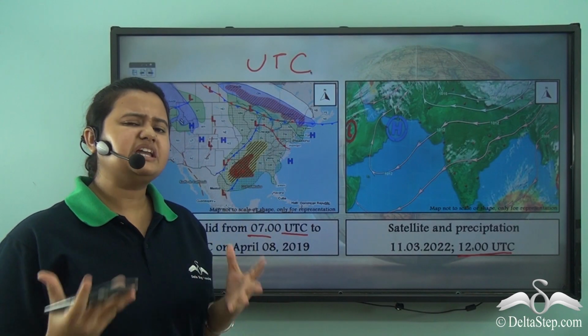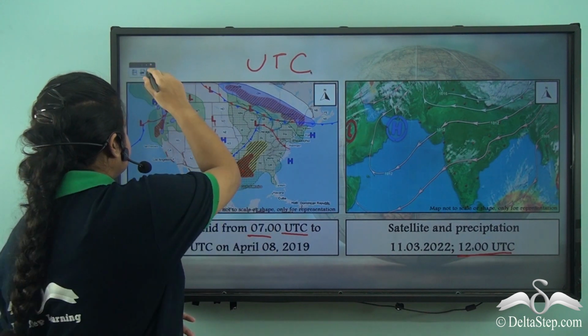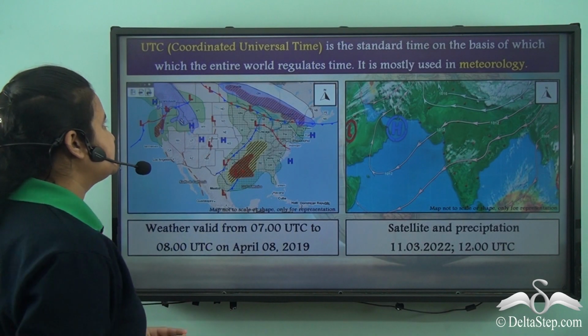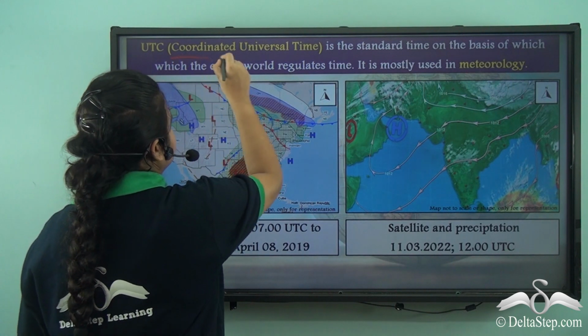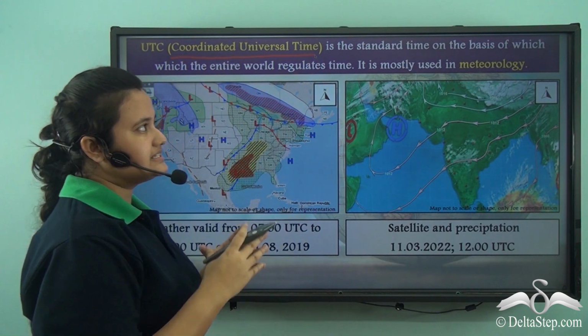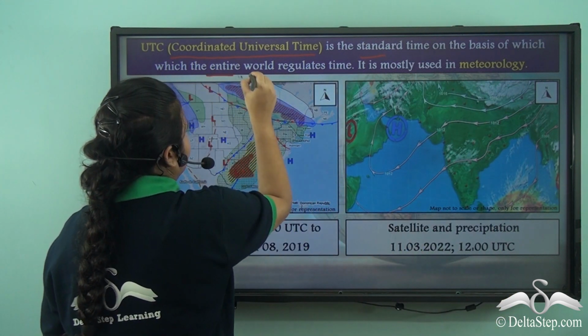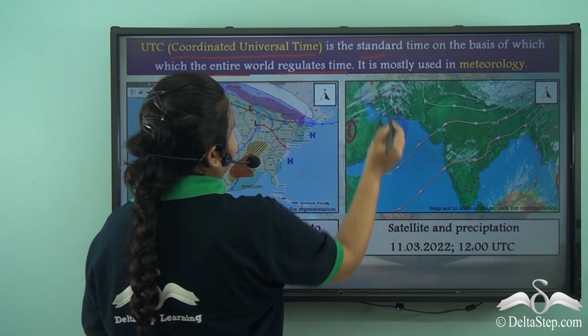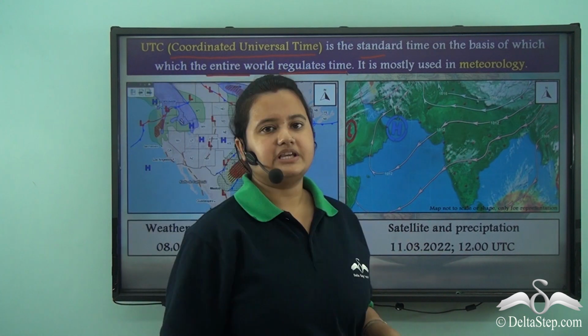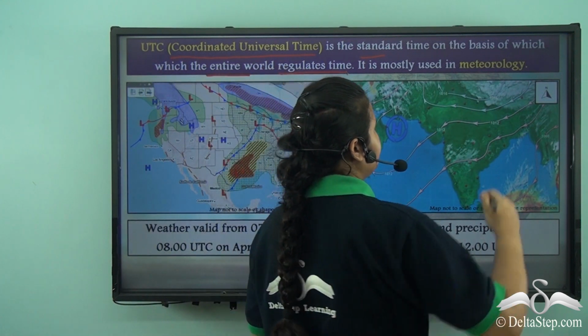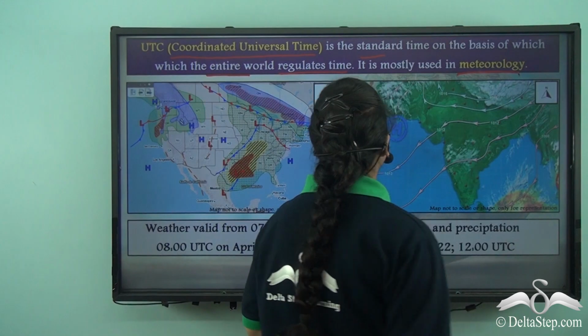Now, what is the meaning of this UTC? UTC stands for Coordinated Universal Time. It is the standard time on the basis of which the entire world regulates their time. UTC is mostly used in meteorology.